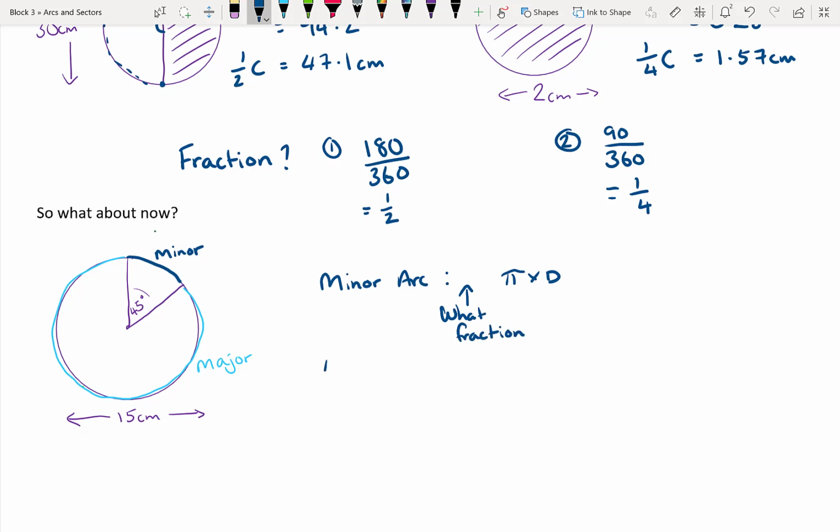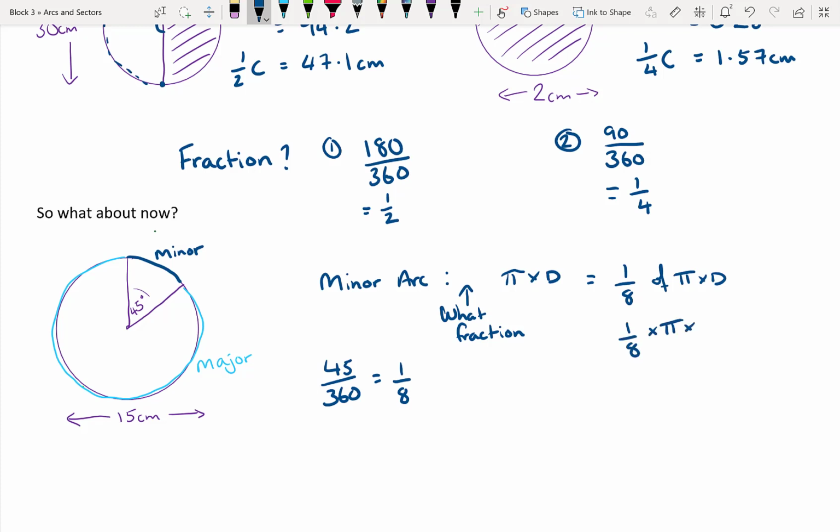Here I've got 45 degrees out of 360. I want to simplify that fraction down. It becomes 1/8. So my minor arc here is going to be 1/8 of pi times the diameter.